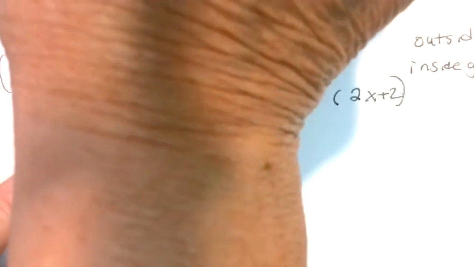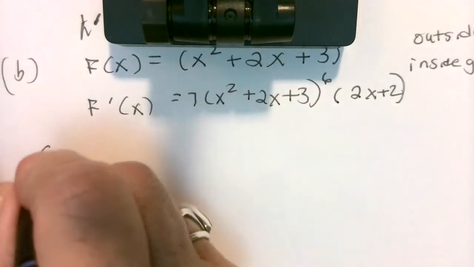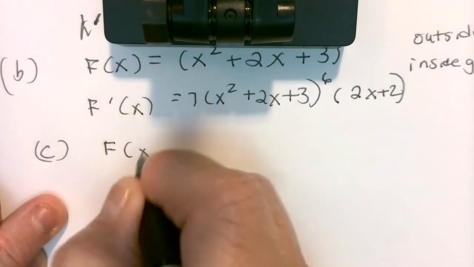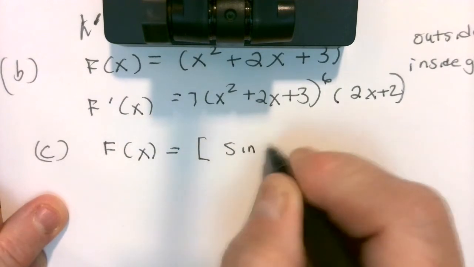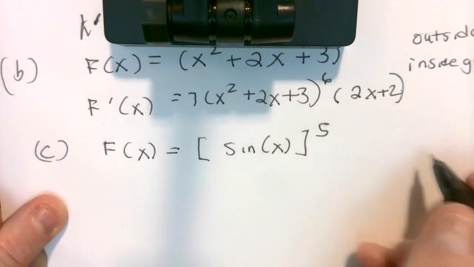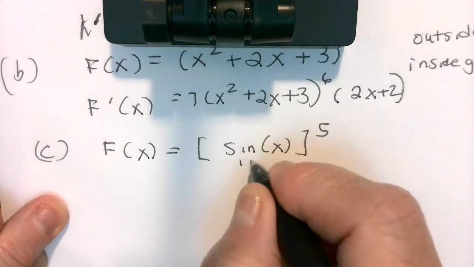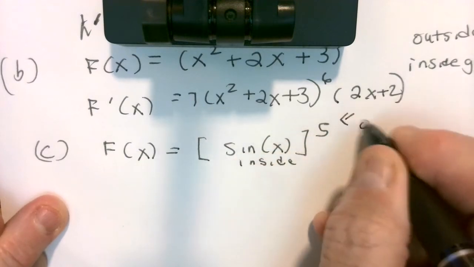Here's another one. Let's see. So big F of x equals sine x to the 5th. And we've really already done one like this. We know that this is the inside and this is the outside.